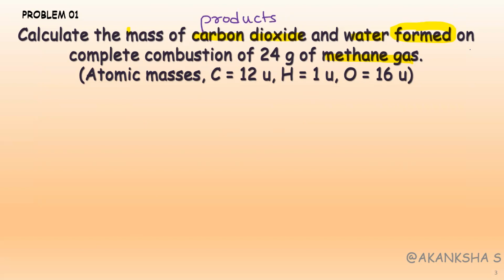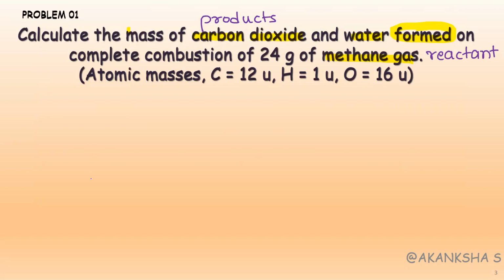And who happens to be the reactant? Your methane gas. So when you read the question, calculate the mass, meaning the first problem, mass-mass relationship of products formed on the combustion of the reactant.